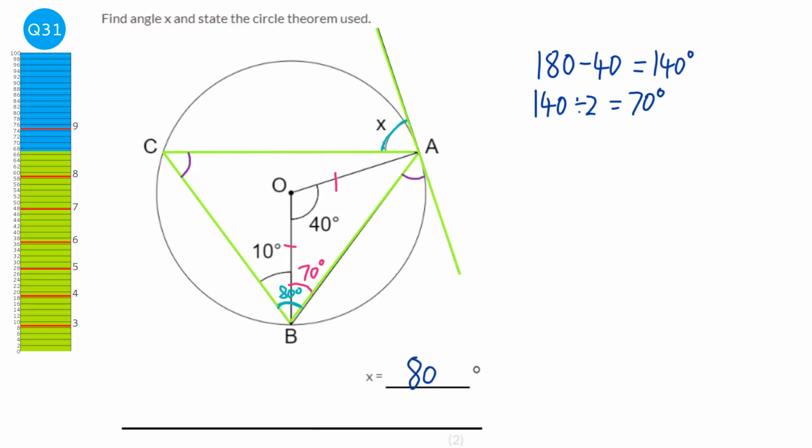because it's going to be equal to the angle at CBA, and what we must write down is alternate segment theorem. You must have those 3 words written down, and it's crucial that you write them down in that order, and you don't call it an alternate segment or a segment theorem.